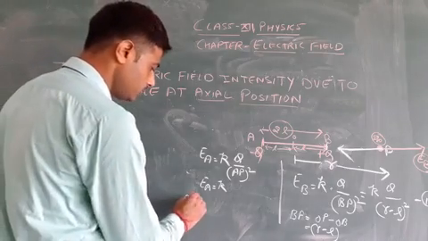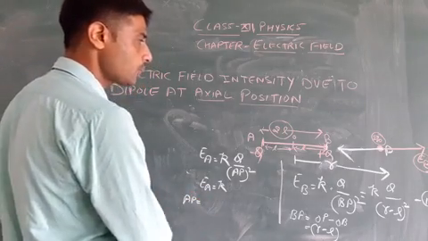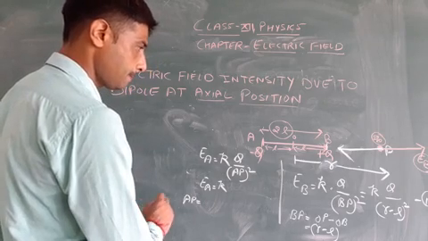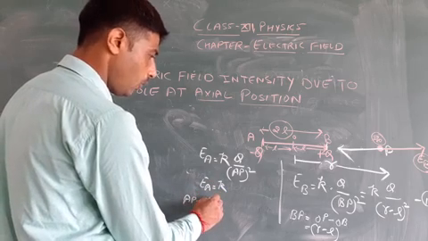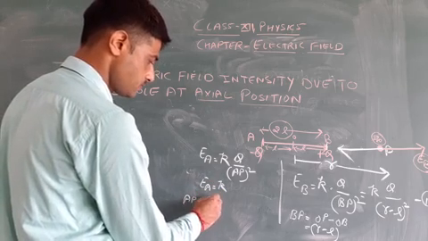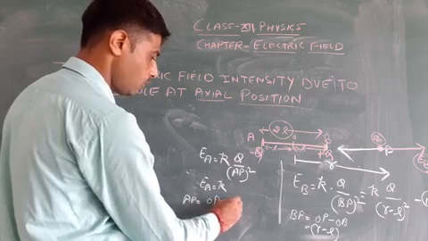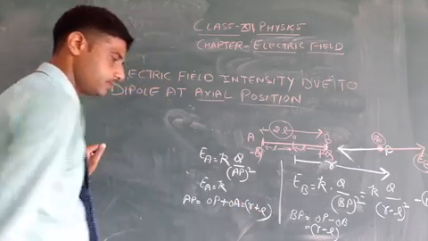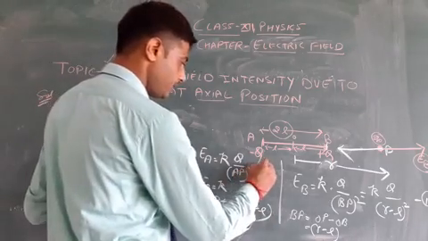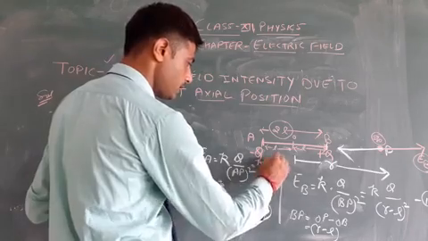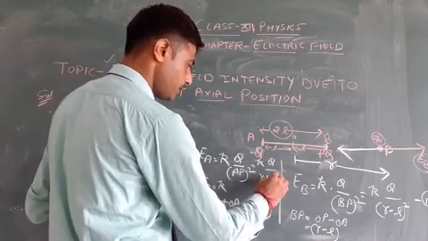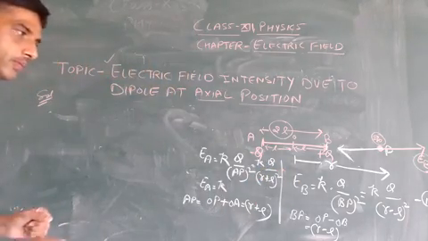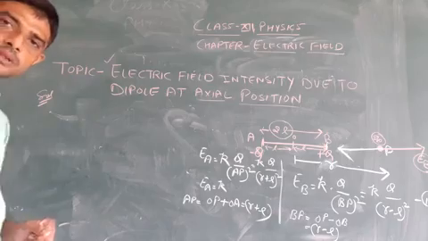AP equals OB plus OA. It means R plus L. So by putting the value, EA equals K Q upon R plus L whole square. Clear?